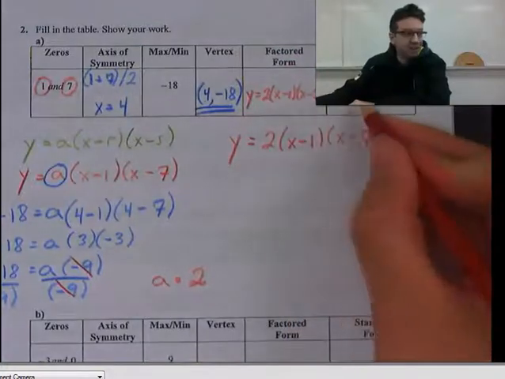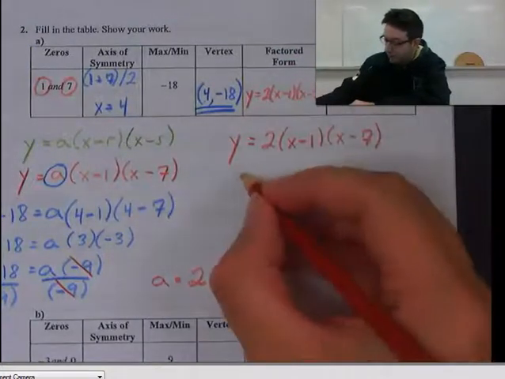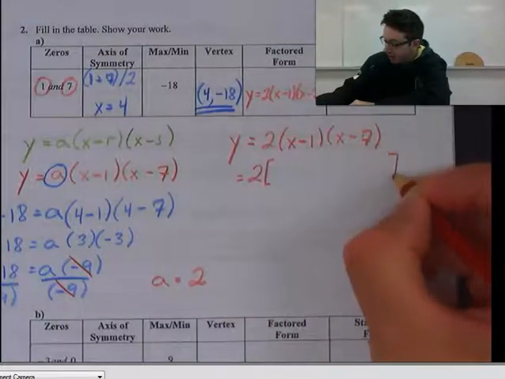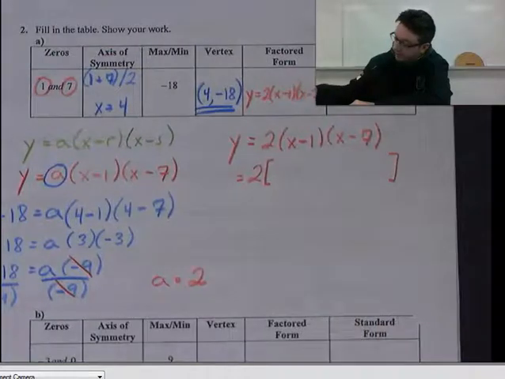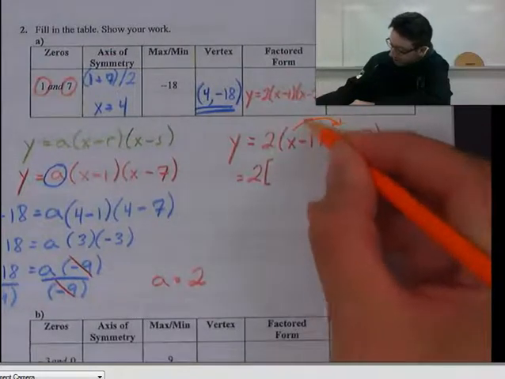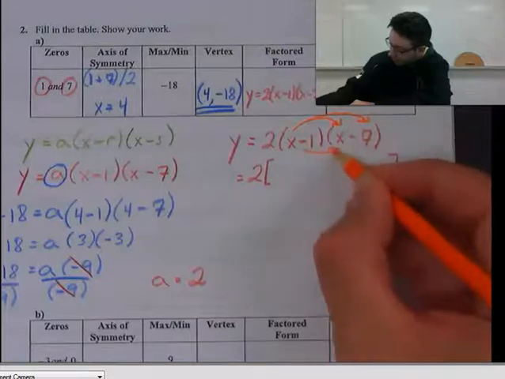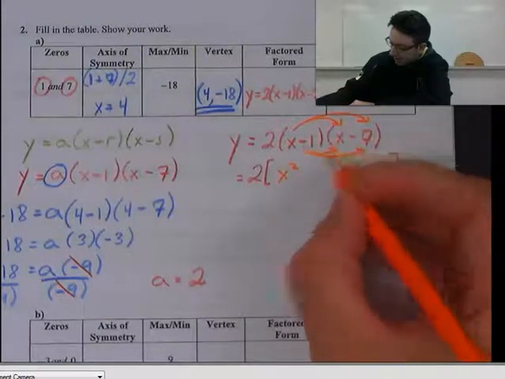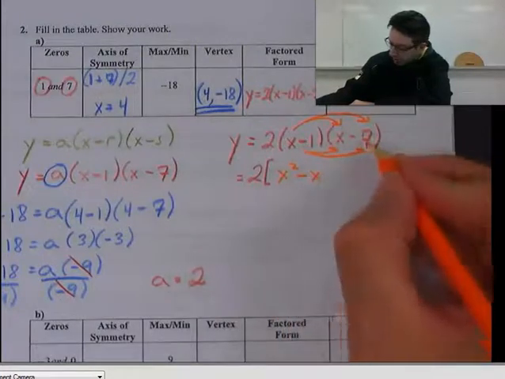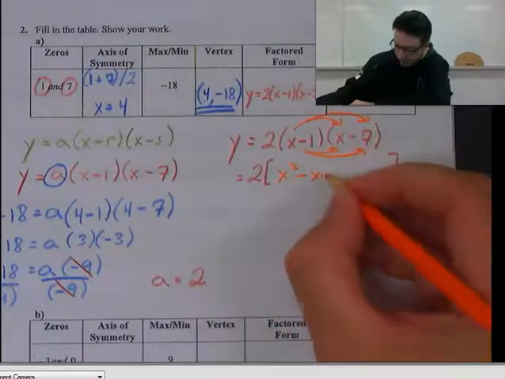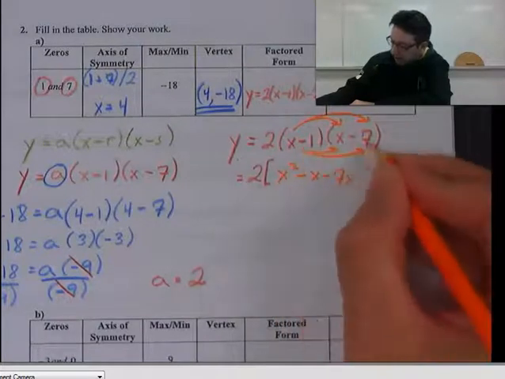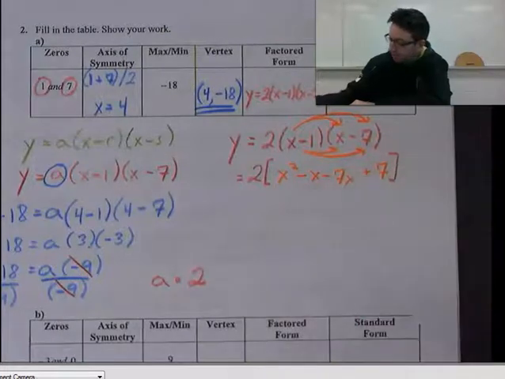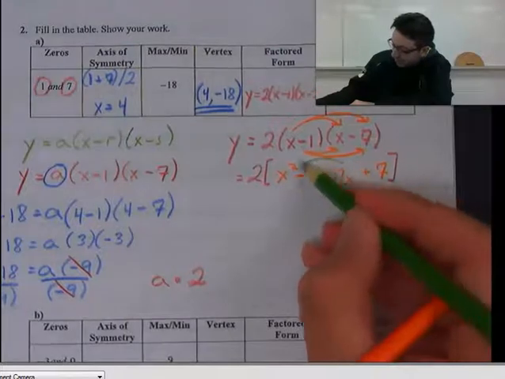And once you have factored form, getting standard form isn't too bad. We're just going to expand and simplify. So I'll leave the 2 here, and I'm going to FOIL the rest, like this. So you get x squared minus x minus 7x, and minus 1 times minus 7 is plus 7, double negative. Here I can collect like terms.